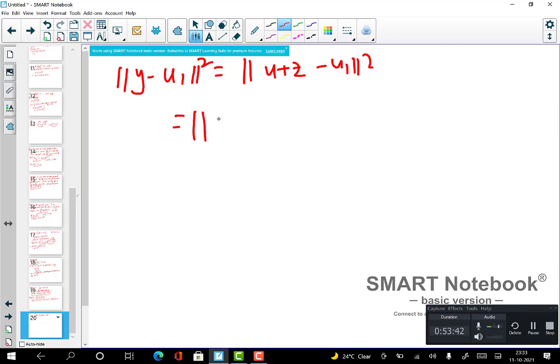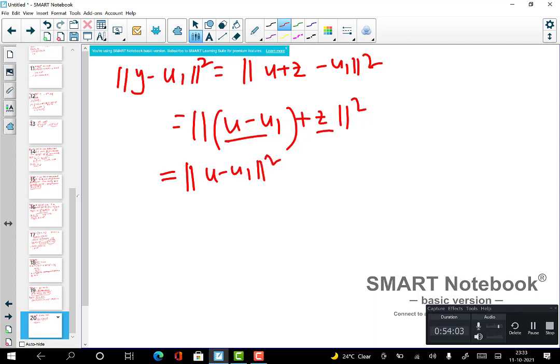Now this is u minus u1 comma z, right? But see that these two vectors are orthogonal to each other. So the Pythagorean theorem tells you that you can write this separately: this norm is norm of u minus u1 plus norm of z.